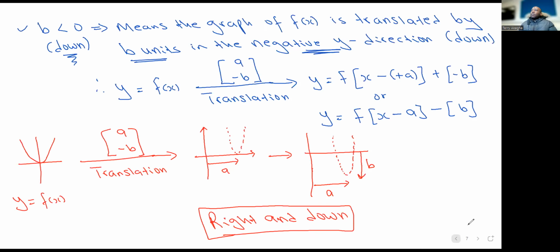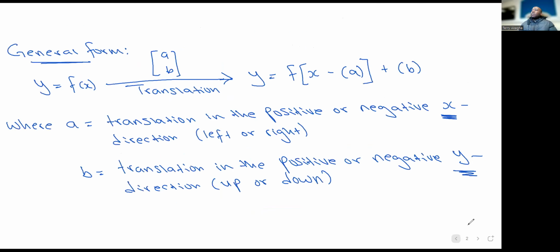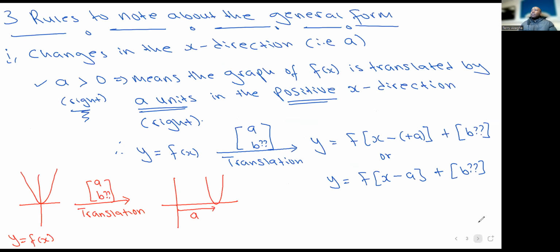What does that imply? We have y equals f of x. This time it is going through a translation, but A is negative and B is also negative at the same time. If you go back to the general form we talked about, A in the bracket is negative, and B in the bracket is also negative.